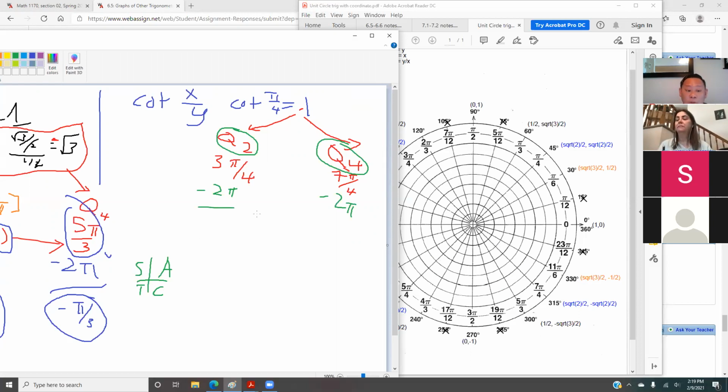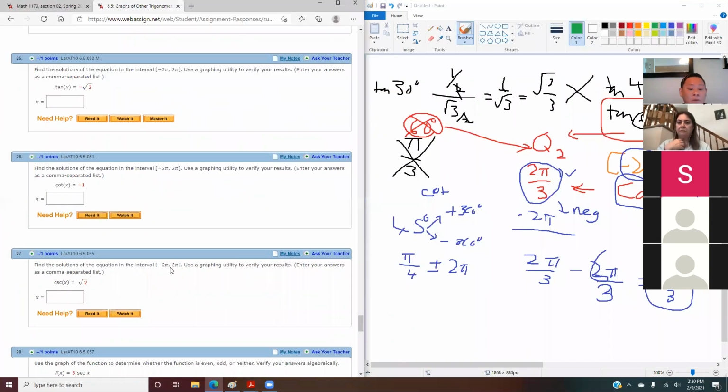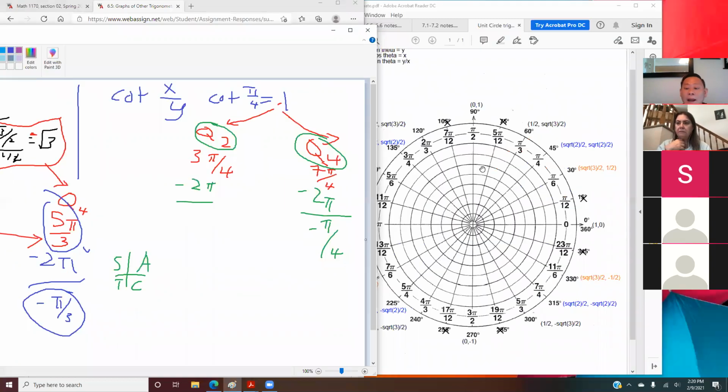And then you subtract this by 2 pi and you will get negative pi over 4 here. Why do we have to subtract by 2 pi? Because this question is asking us to go from negative 2 pi to 2 pi. The first answers go positive, and for the negative one, you have to go clockwise.